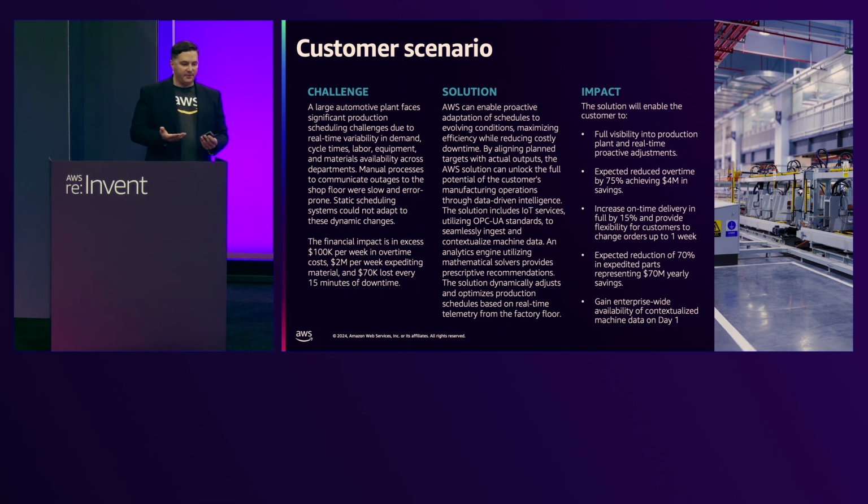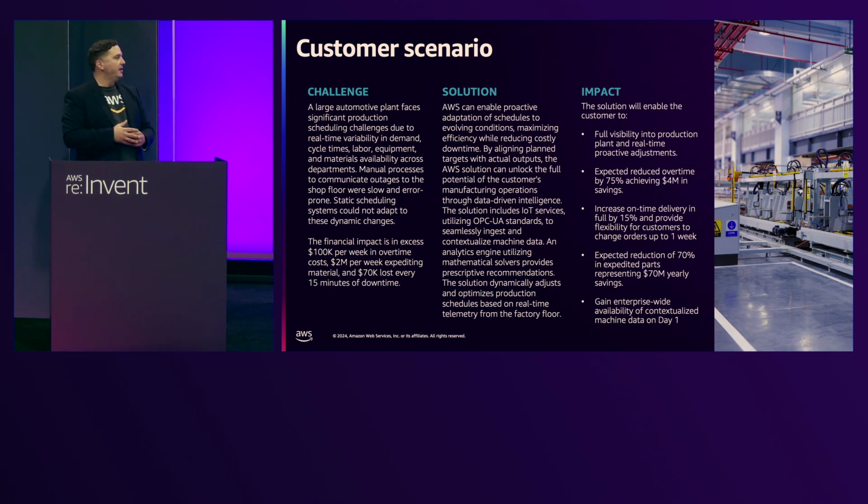The impact is significant, particularly the goals for this type of customer may be to have full visibility over your production plant and may be able to reduce that expected overtime that you might incur, increase on-time delivery, and reduce the costs associated with expedited parts.